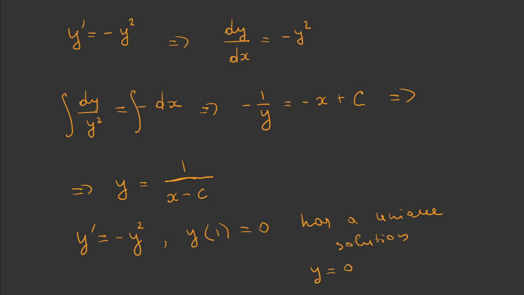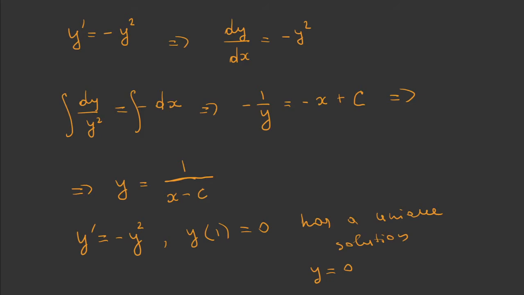The constant function equal to 0 everywhere. Similarly, the initial value problem for this differential equation with the initial condition given by any other point on the x-axis will also have a unique solution, namely y equals 0.